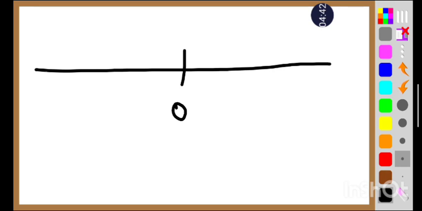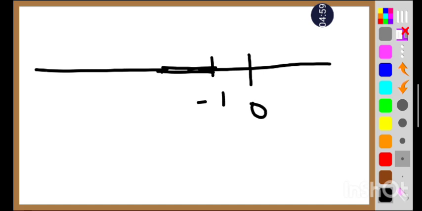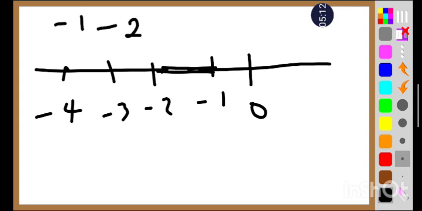We have zero, negative 1, negative 2, negative 3, negative 4. If we are using the number line, let's say for example negative 1 minus 2.